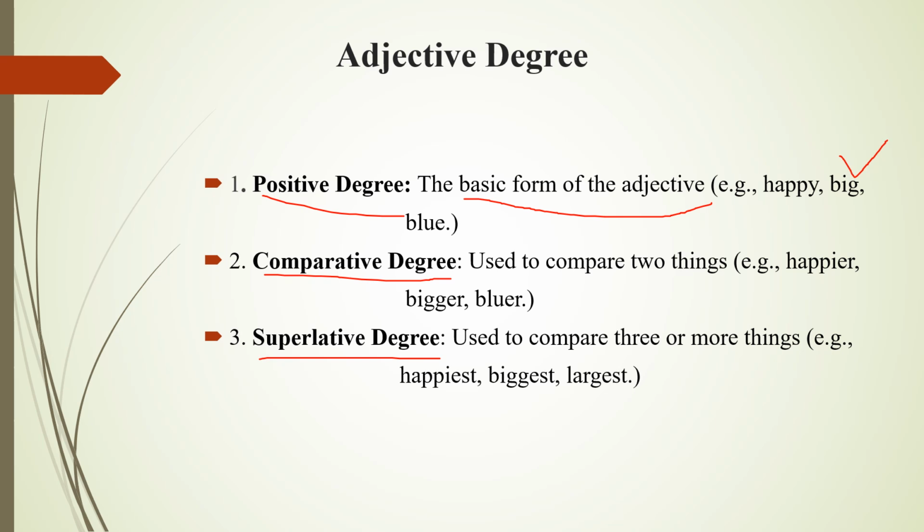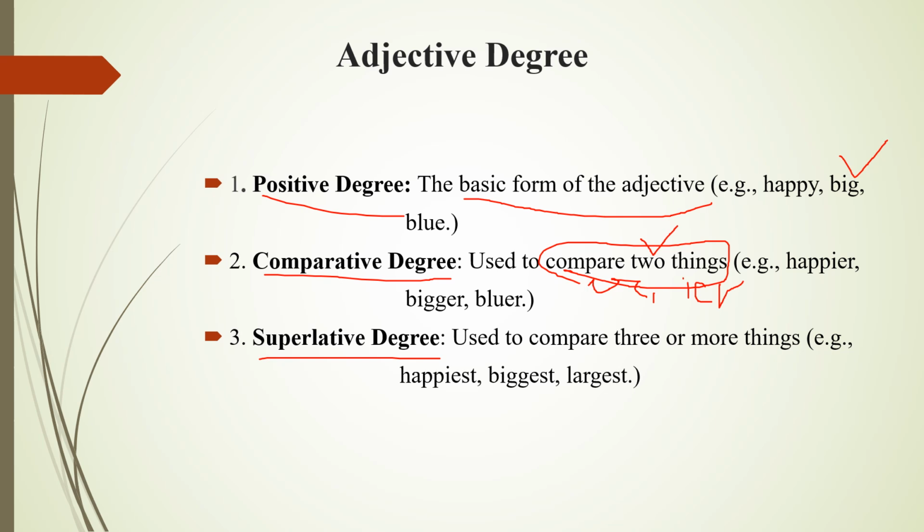Then we have comparative degree. Comparative degree is used to compare two things. Positive degree is used for one and comparative degree is used for two. It is generally made by using ER after a word or IER after a word. If we add it, then we can form a comparative degree of adjective.